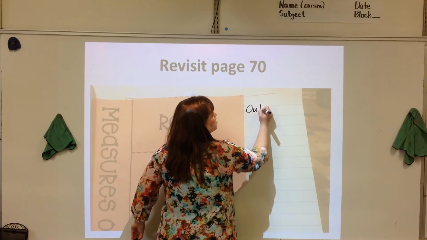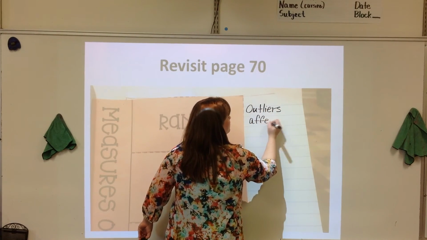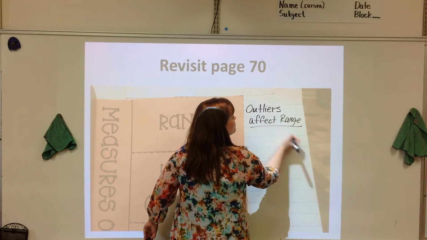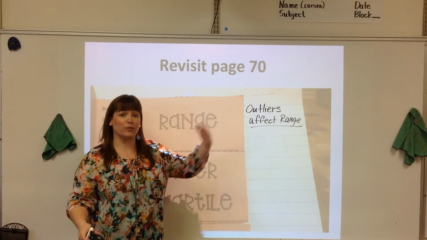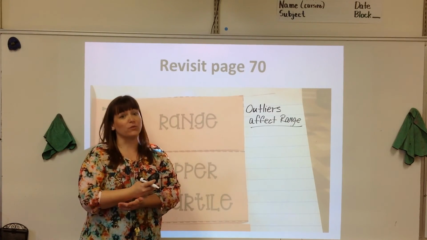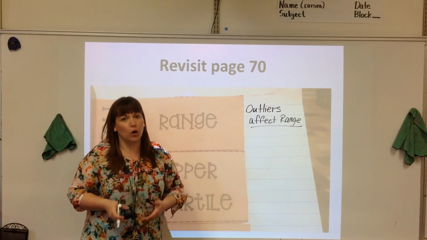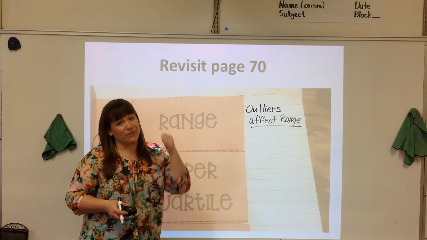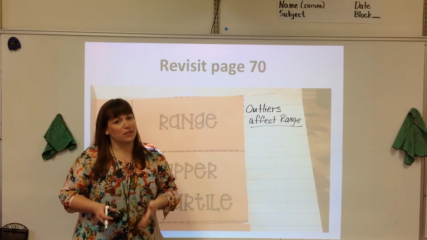So outliers affect range. They affect the range because you're taking the highest value and the lowest value and subtracting them. So if you include the outliers, your range is going to be a lot bigger than if you don't. That's why it's important to know that outliers affect mean and range, and they don't really affect median and mode.